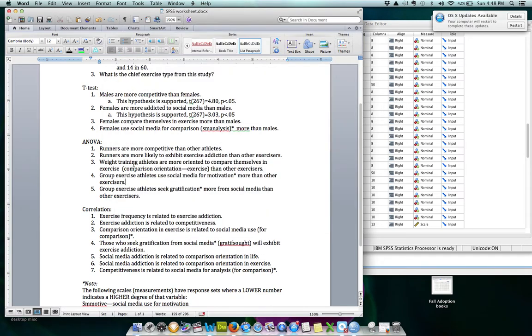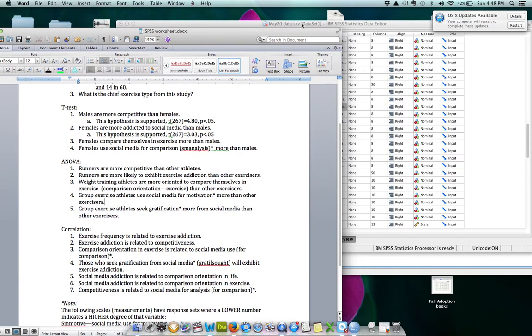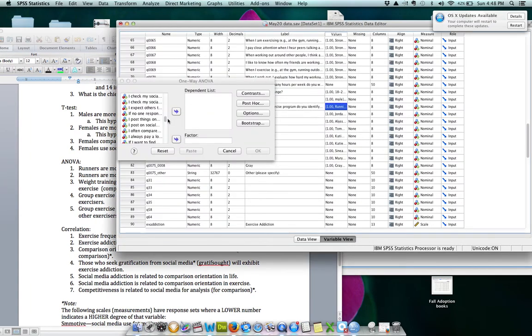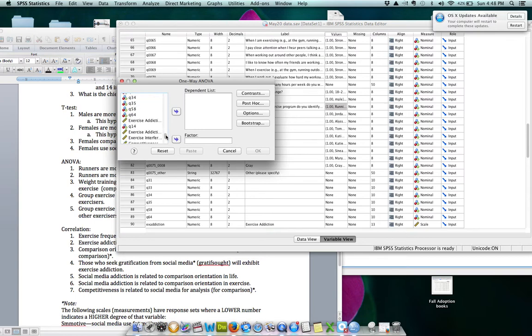Our dependent variable is competitiveness. That's your dependent variable, and our factor is your independent variable. Our independent variable is the type of sport. And click that over.